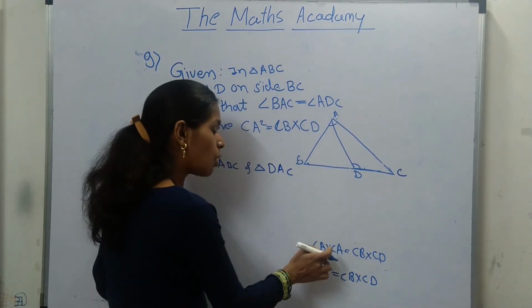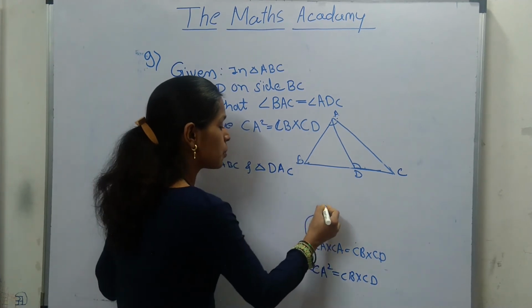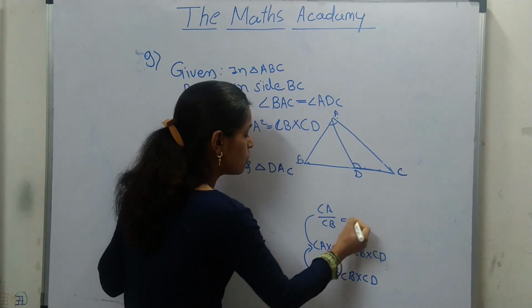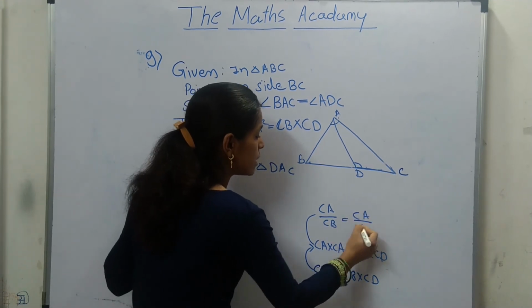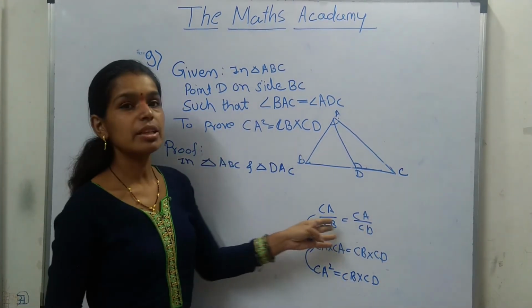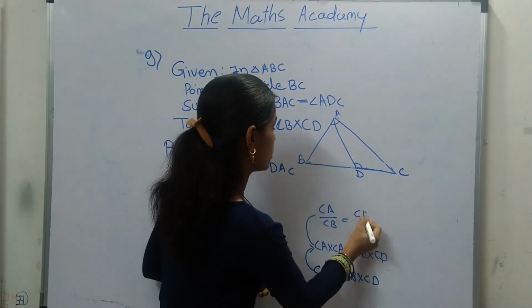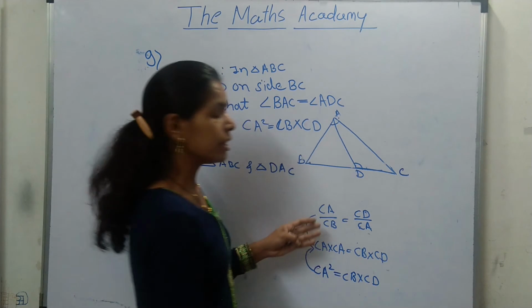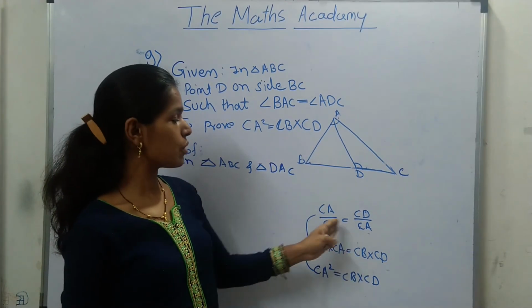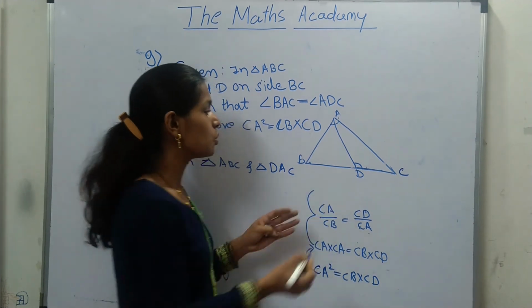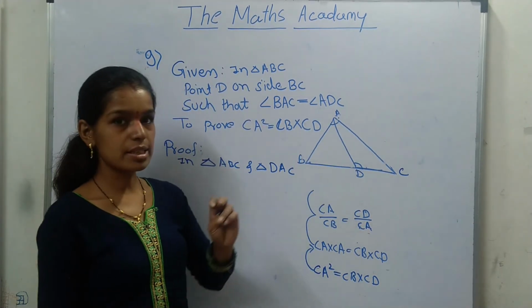And to obtain this result, we need to prove that CA upon CB is equal to CD upon CA. These ratios will be equal if any two triangles among these three triangles are similar.